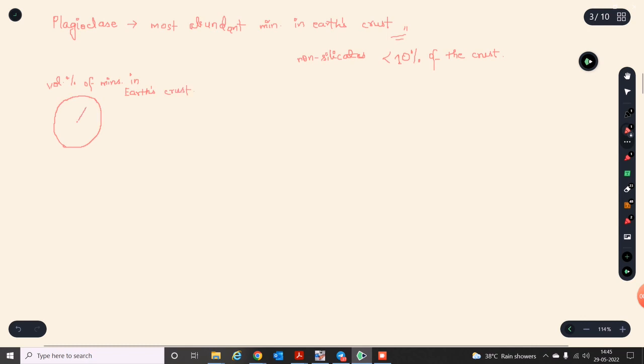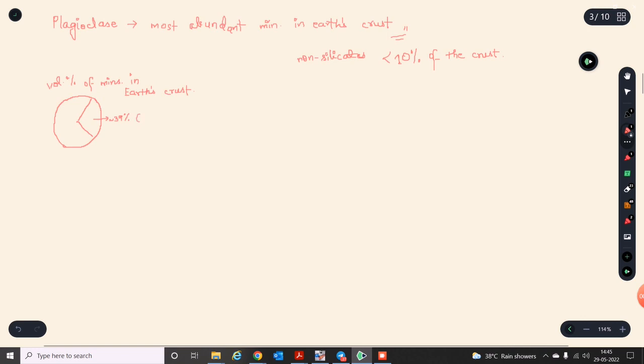So we have somewhat such a distribution, and you can easily find this diagram in textbooks like Dexter Perkins, William Nesse. This volume percentage variation.